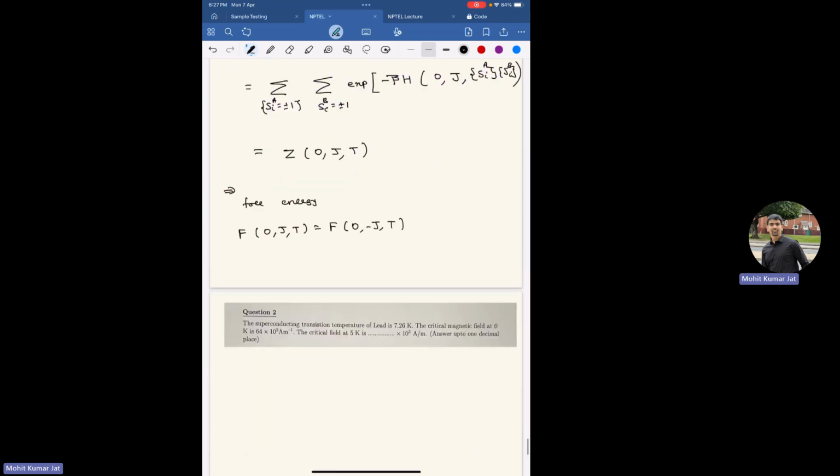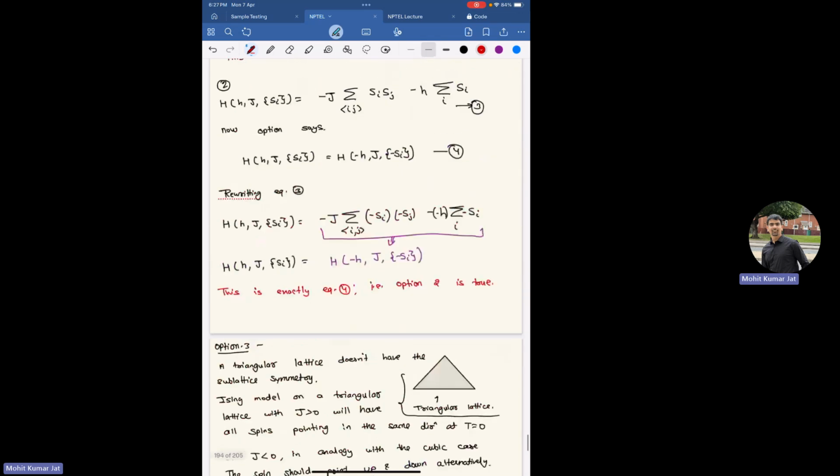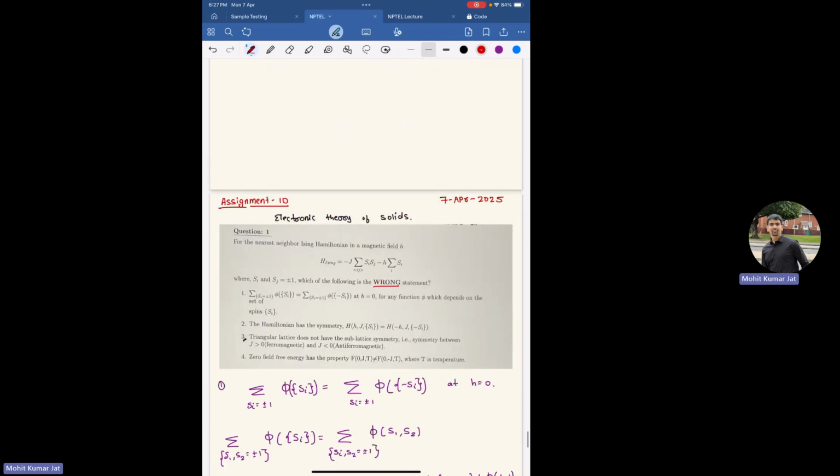In that case, option number 4 is incorrect. Since the question is asking for the wrong statement, option number 4 becomes the answer to this question.